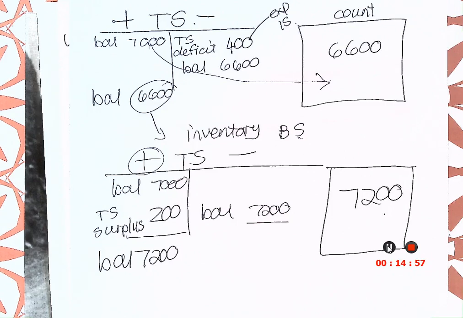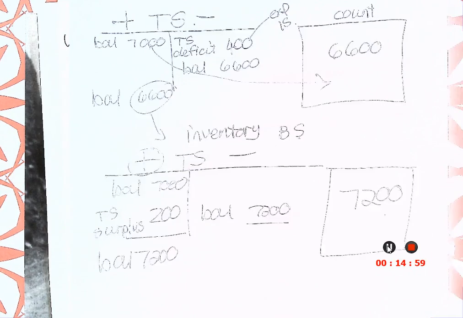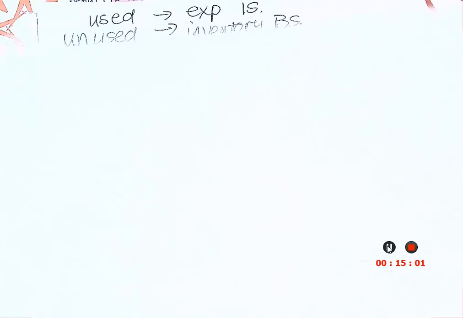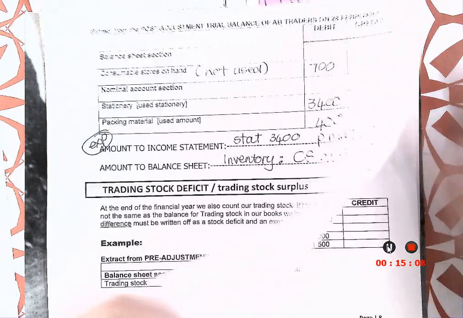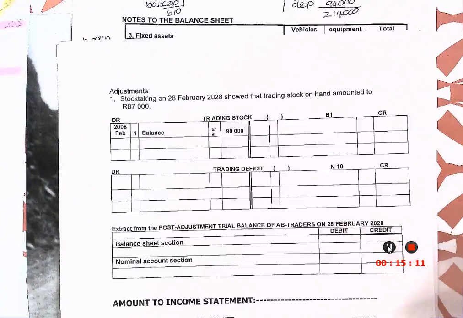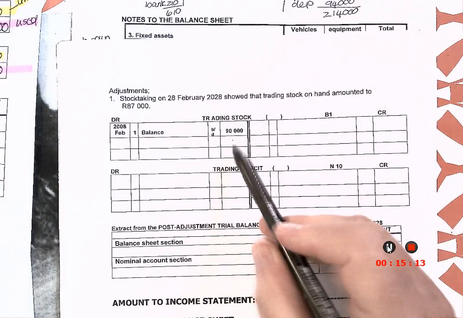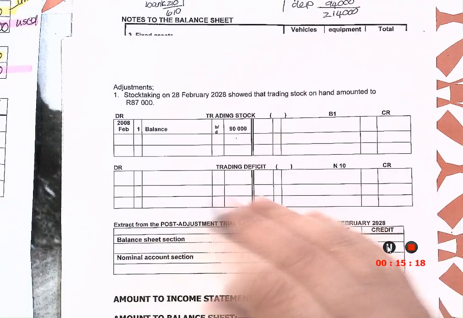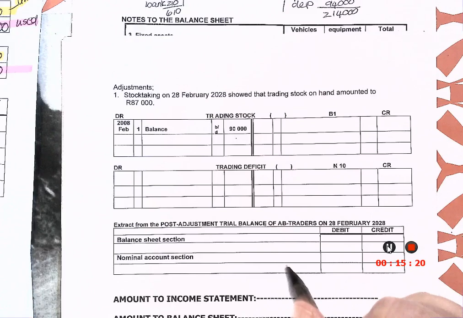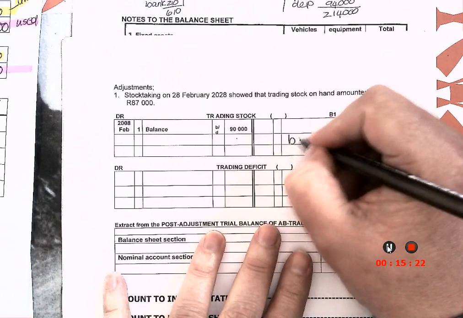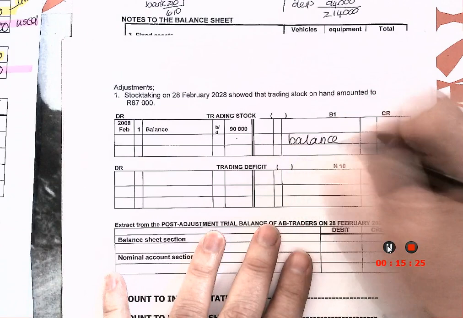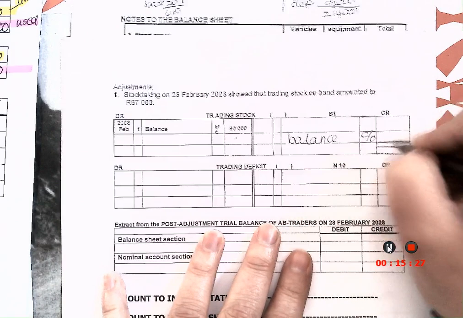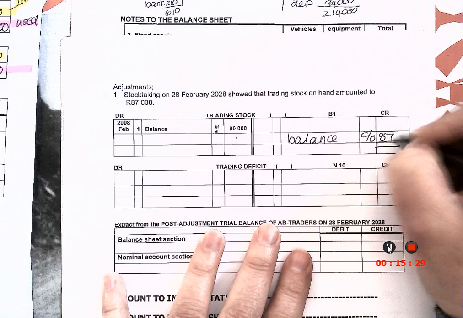Okay, so let's do the first exercise here. They say I have trading stock to the value of 90,000. Now they say stock taking showed that trading stock on hand is 87,000. So I know my new balance, the real balance c/d, is 87,000.